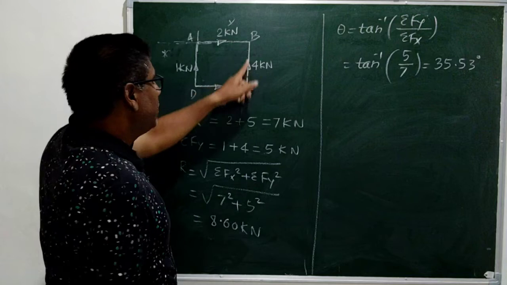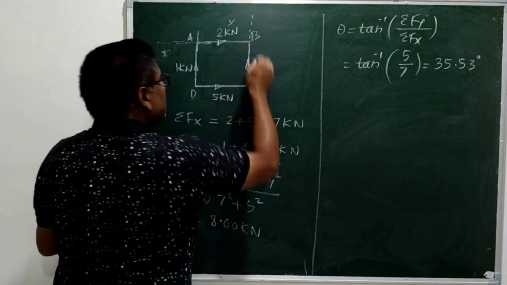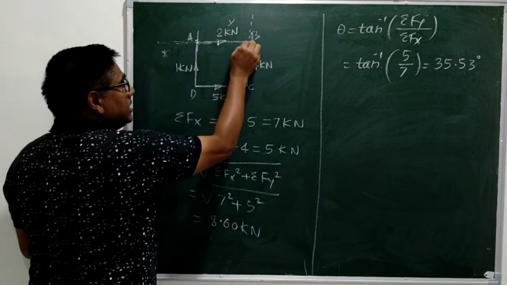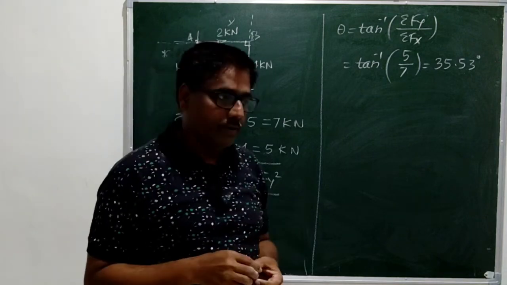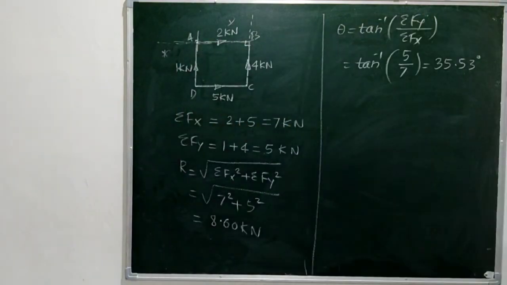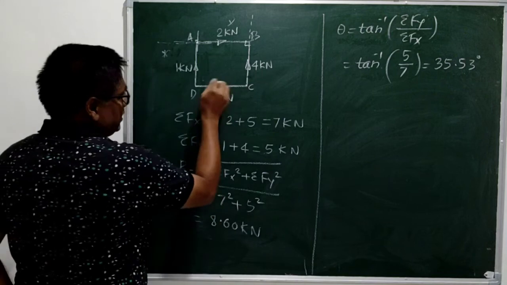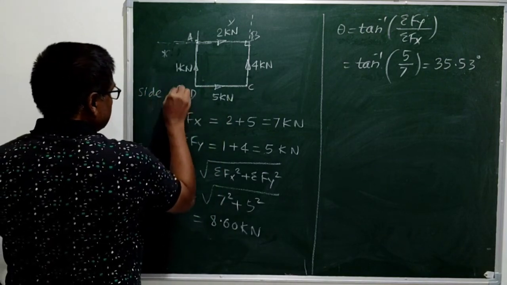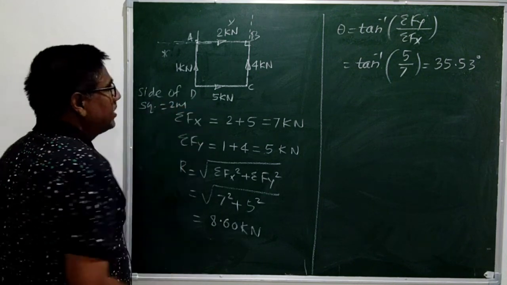Now we can take the moment of this force. The line of action of this force is this, and the perpendicular distance between the line of action of force and the point is this much. The side of the square I have forgotten to write: the side of the square given is 2 meters.